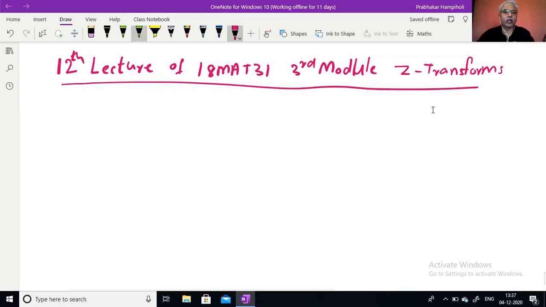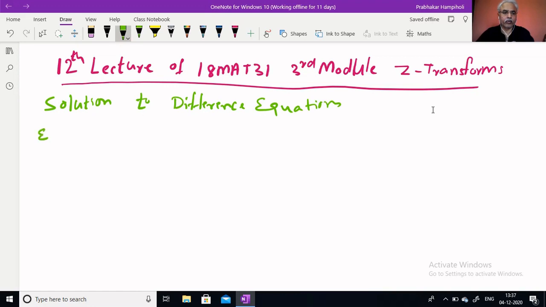So today we are here to learn solutions to difference equations. Without wasting much time, in a nutshell, suppose you know some un value, then you can find un plus 1, un plus 2 and so on.